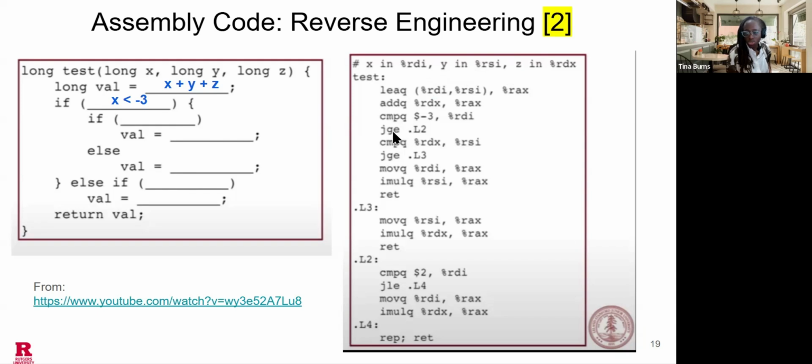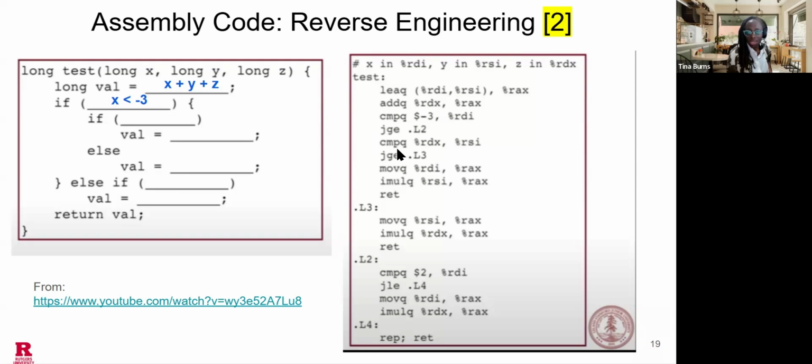This greater than or equal to is the same thing as saying less than, right? If I want to move this in this particular instance, if not, then I'm going to perform some other action.